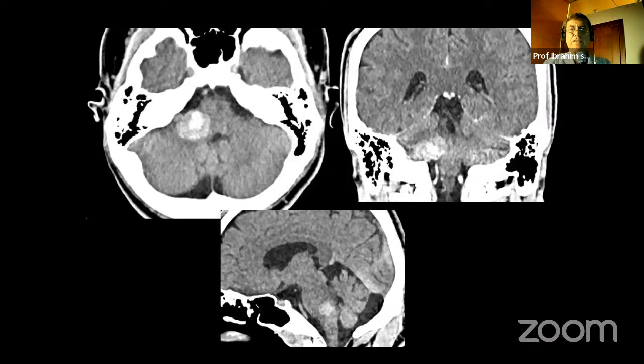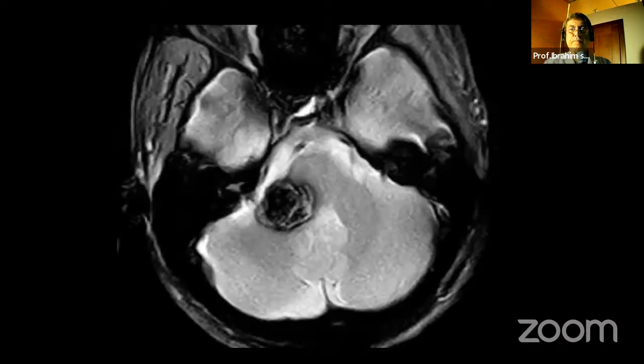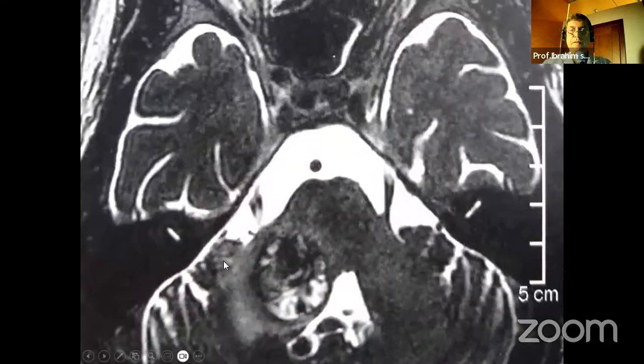This is his CT showing this medullary-pontine junction cavernoma. This is his MRI. And you can see here, it is in the area where the trigeminal takes off. But you can see a lot of brain tissue here between it and the surface. So this is not presenting to the surface.